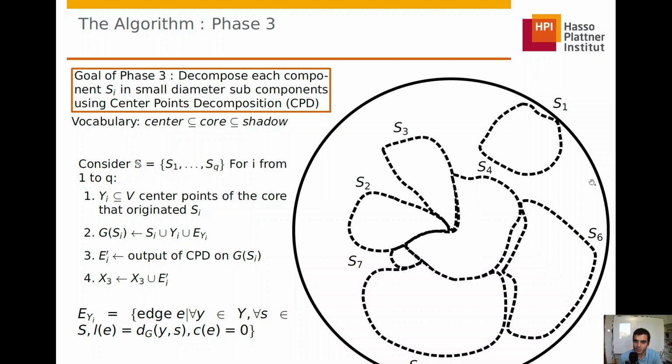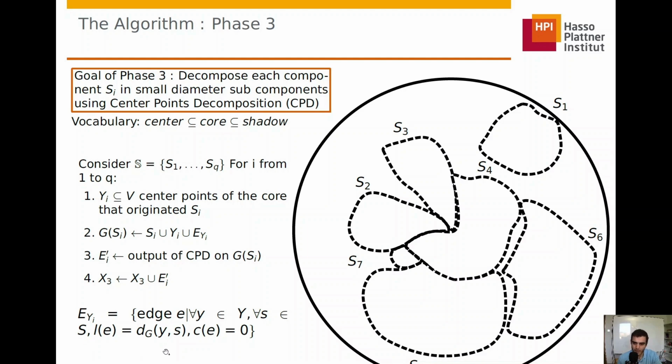So before, in phase 2, we only cut roughly areas of the graph. And now in phase 3, our goal will be to cut those areas into sub-areas, basically. Okay? So we consider our set of components of the graph, S1, S2, S3, etc. till 7. And let me show you quickly what this E of Yi means.